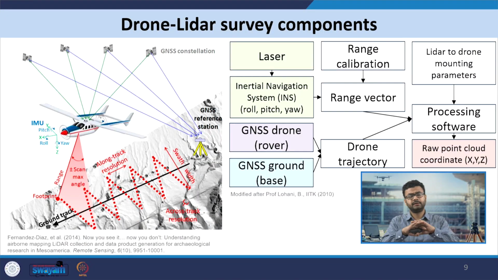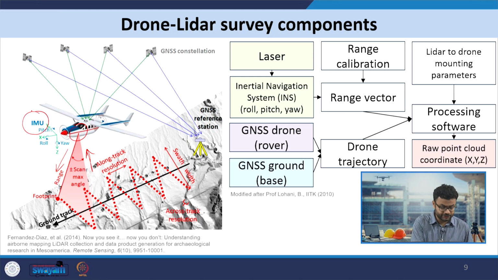If we look at the components of a drone LiDAR survey, there are primarily four components. There is a laser scanner attached on the drone, which transmits a pulse that gets reflected back from objects on the ground. The laser scanner measures the time of travel for that pulse and also the angle at which it emitted that pulse.